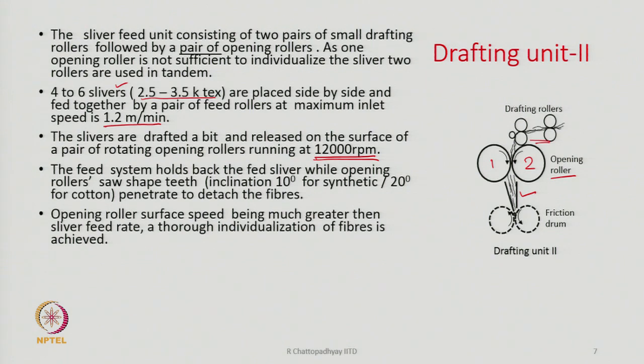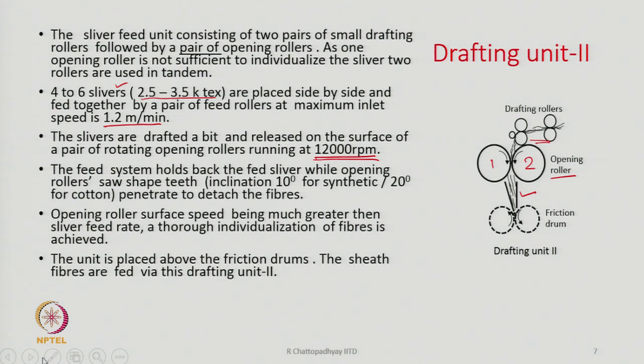The opening roller teeth geometry can also vary depending upon which type of fibers we are trying to process, whether viscose rayon, polyester, nylon or acrylic fibers, because you have lots of choices. So, depending upon the type of fibers, the length of fibers and the denier of fibers we want to process, the proper opening roller tooth geometry can be chosen.